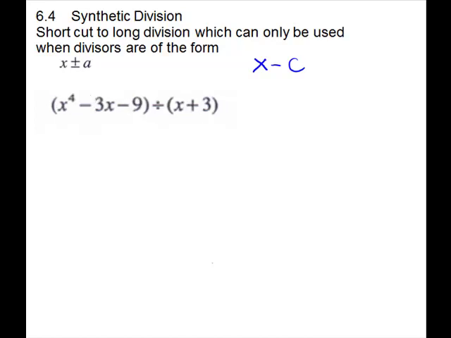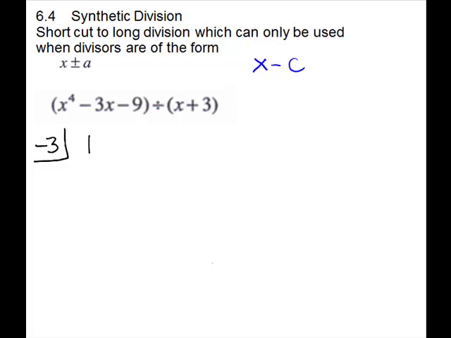We'll look at the fifth problem from your template, since it is actually missing 2 terms in the dividend. So we will set up, we're going to use a negative 3 since that's x plus 3. And we'll be very careful with our coefficients. So x to the fourth is the first one. Our coefficient there is a 1.